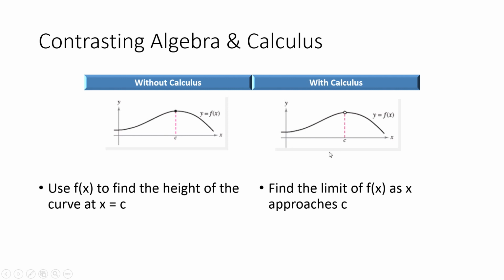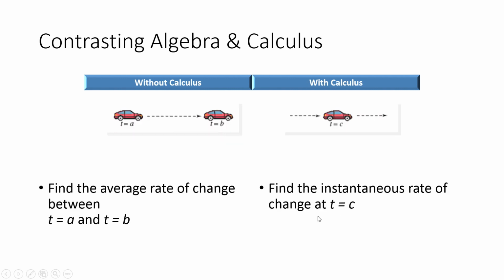But if we know calculus and the function is not defined at some point, we can still find the limiting value of the function as x approaches c. Without calculus, if we are traveling from one point to another, we can find an average speed or average rate of change of the distance with respect to time. But in calculus, we can find the instantaneous rate of change at any point t is equal to c.